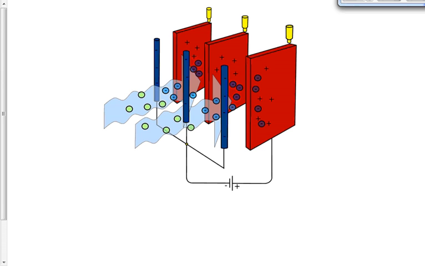Got an example of an application that we see out there in life that uses these principles of charging by induction and conduction and electrons and protons and so on. This is what we call an electrostatic air precipitator. What it does is essentially filter out pollutants, dust and pollutants from the air electrostatically.